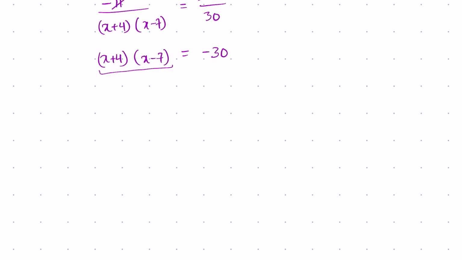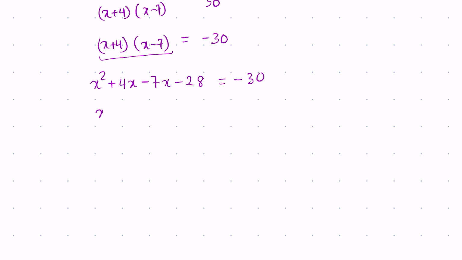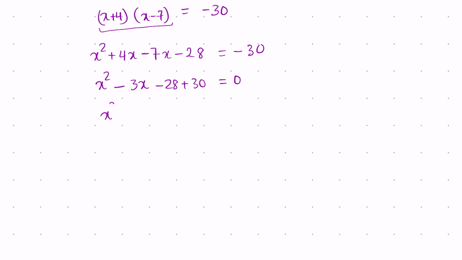So x squared plus 4x minus 7x minus 28 is equal to minus 30. So we take everything on the left hand side of the equation. So this is x squared minus 3x minus 28 plus 30 is equal to 0, or x squared minus 3x plus 2 is equal to 0.